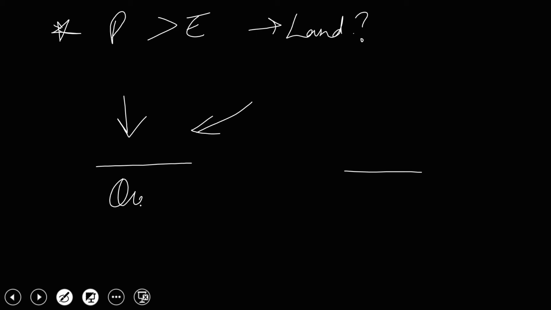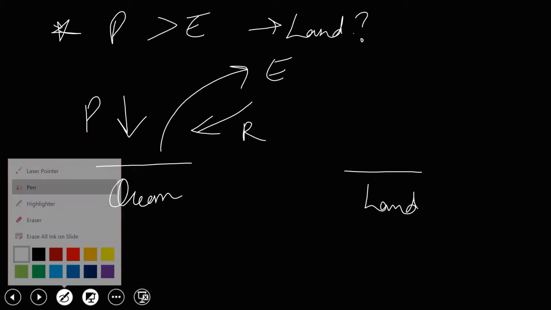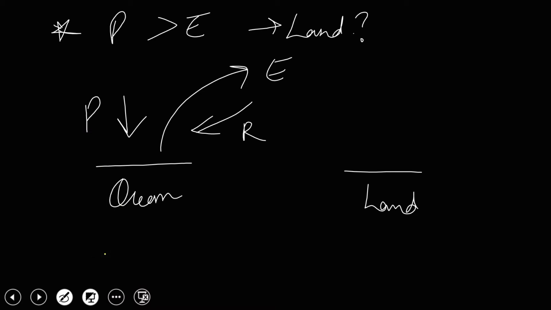If this is ocean and this is land, it leaves through evaporation. This is E, let's say this is R runoff, and this is precipitation P. Now let's talk about land. Now, how water leaves land into the ocean, let us suppose it leaves through runoff, right?